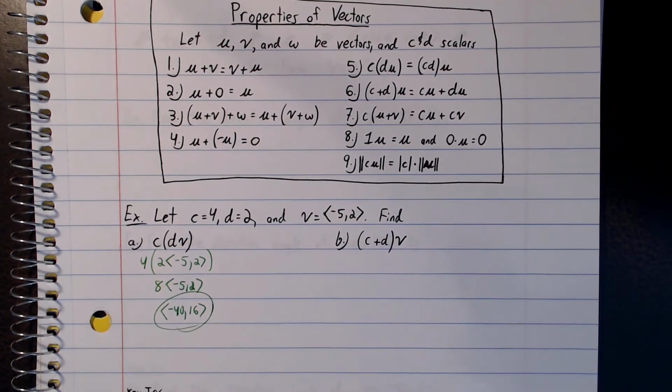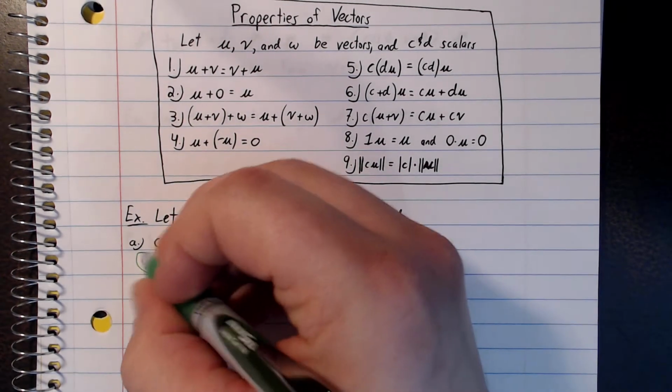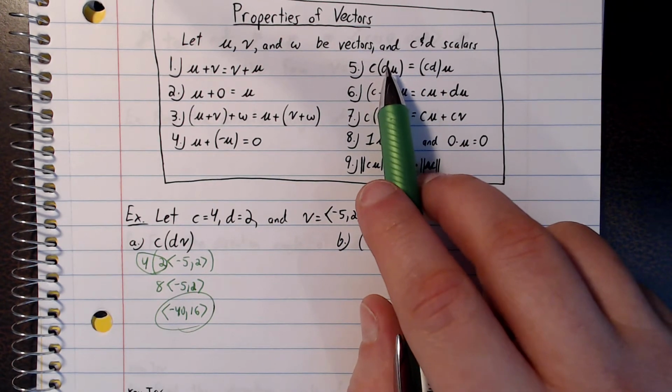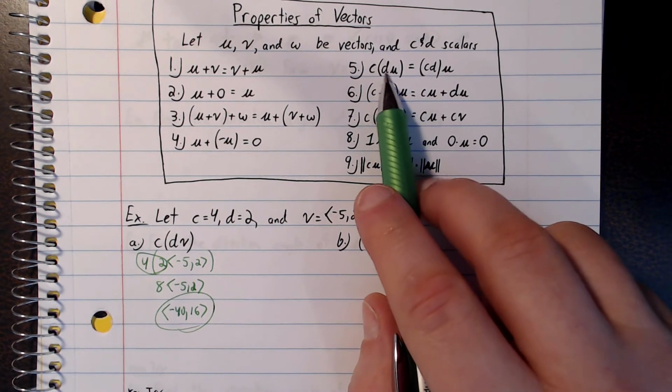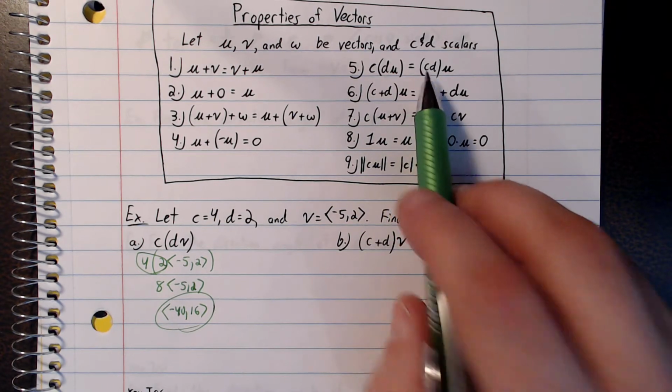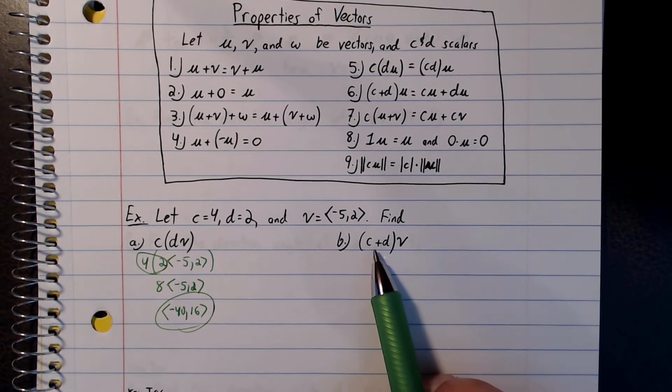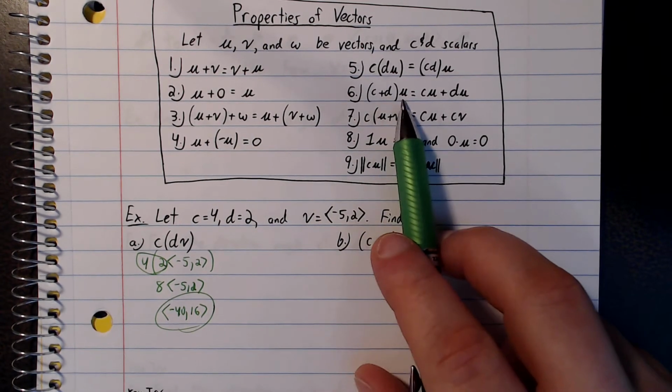So that happened pretty quick, right? We just took these two things and we used what was shown up here. We had the d and the u together, but we said let's multiply these first. Okay? Here we're going to end up distributing, right? We see what's happening up here.